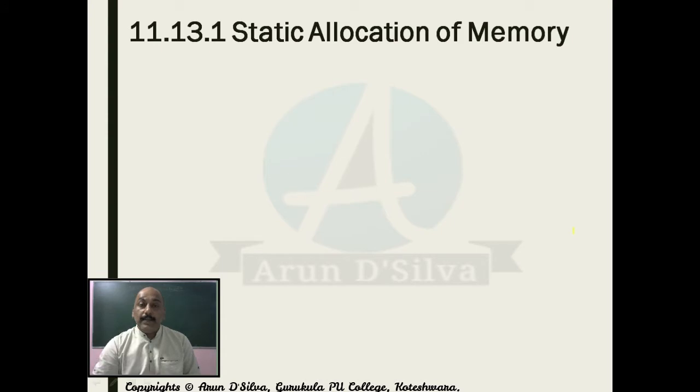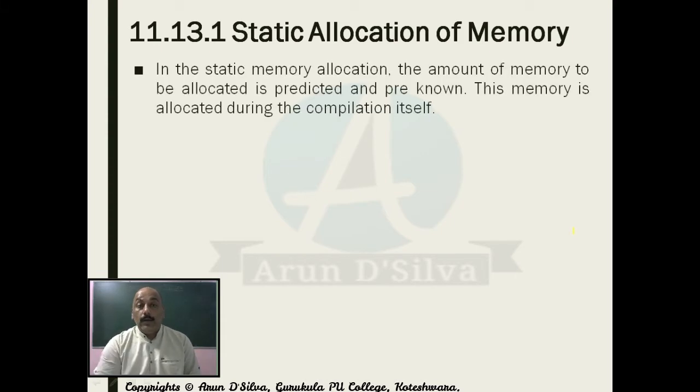So let me keep in front of you the static allocation of memory. In static memory allocation, the amount of memory to be allocated is predicted and pre-known. This memory is allocated during the compilation itself.